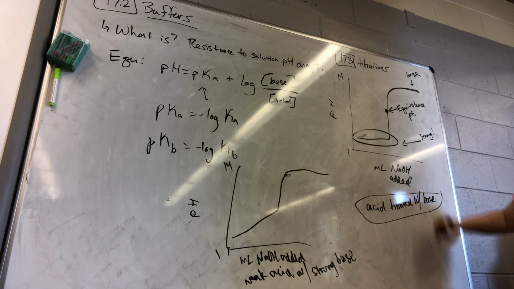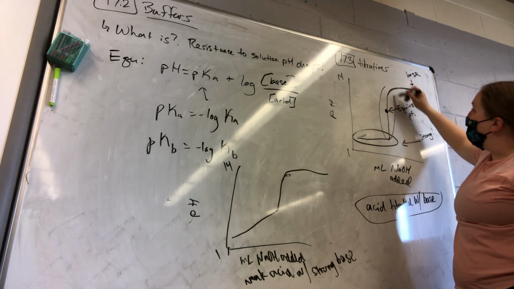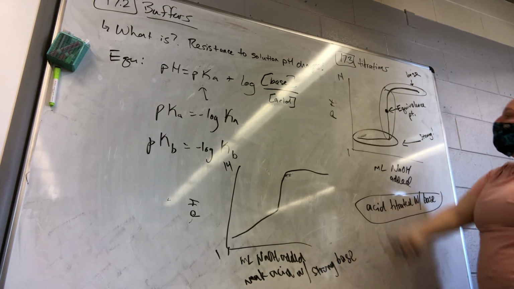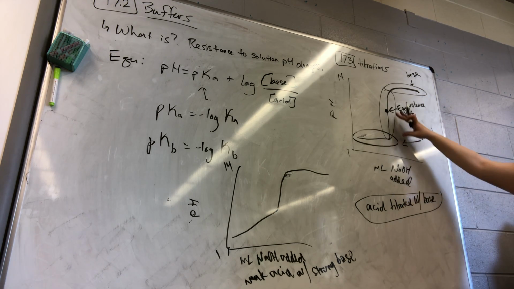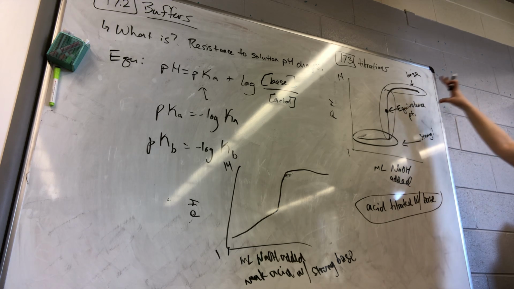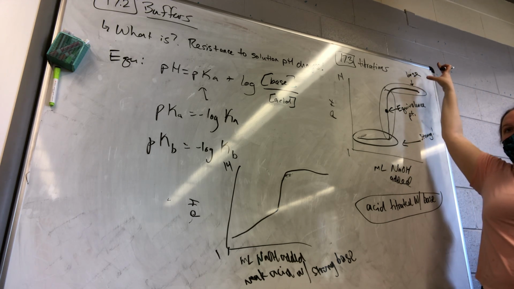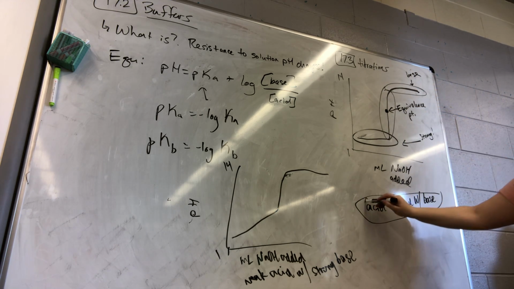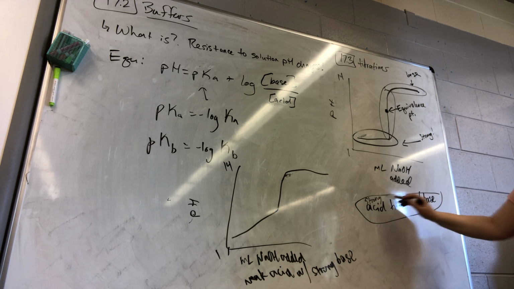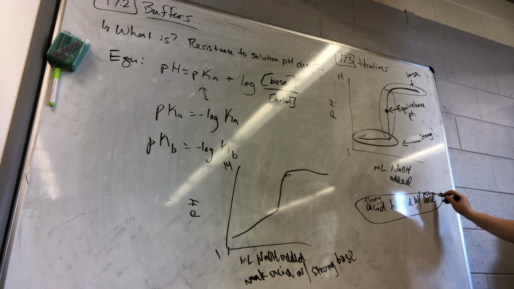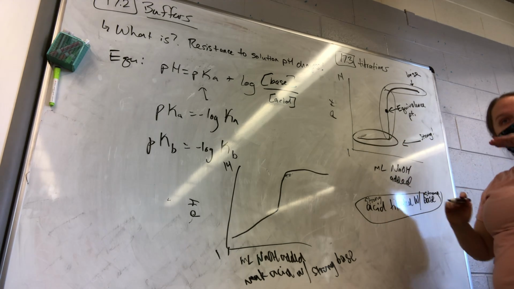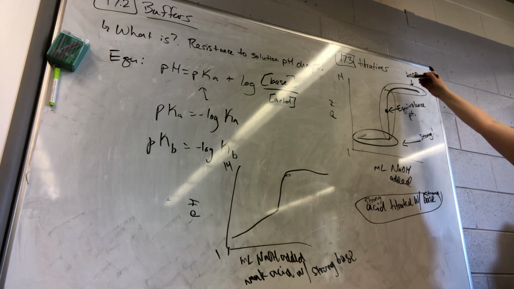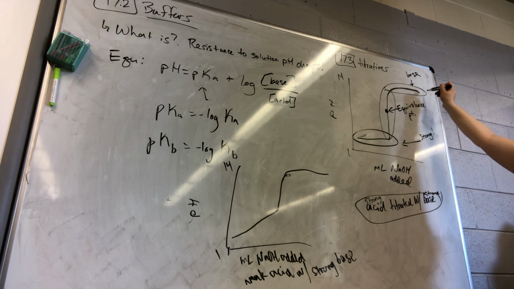Remember that there are 3 zones to any titration. There is pH before the equivalence point, pH at the equivalence point, and pH after the equivalence point. This one's going to be a strong acid with a strong base. How do we know? Because we start at low pH, it stays about level, and at some point it jumps up dramatically and levels off again.